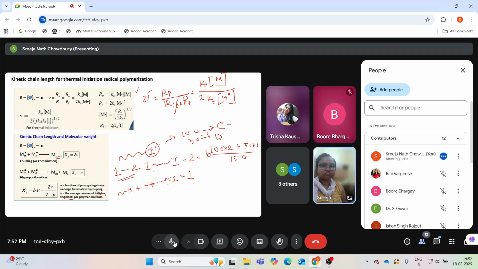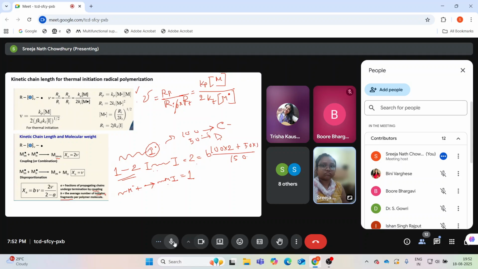But when the third initiator comes, from the 100 initiators, it will see some less monomer molecules. Why? Because these two molecules already found some monomer molecules and reacted with them. So the third one faces a lower amount of monomer molecules, and for the fourth one, gradually further. So with time, the availability of monomer molecules for the initiator is actually decaying.